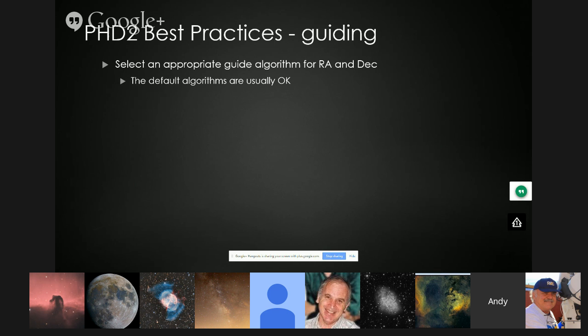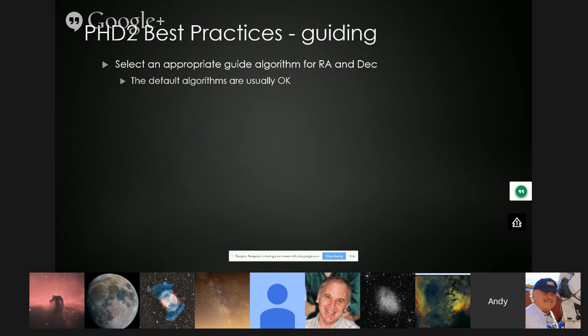I think you have to also think about the minimum pulse duration that your mount is able to handle. I know, for example, the G11, Losmandy Gemini 2, there's a certain minimum guide pulse that'll be accepted, and if your guide rate is high, PHD is going to want to send these tiny pulses, and the mount just might ignore those.